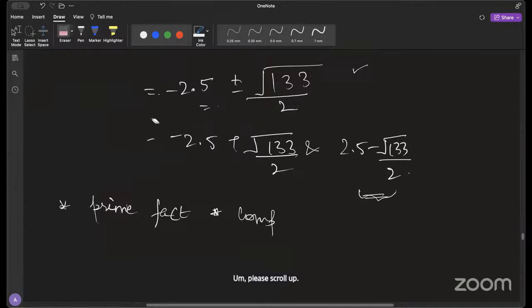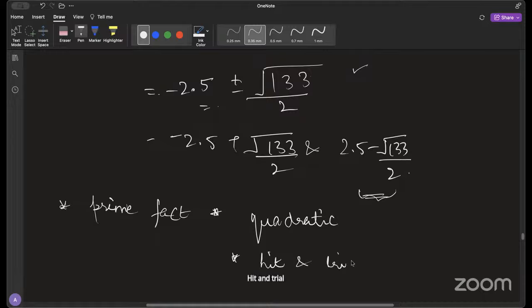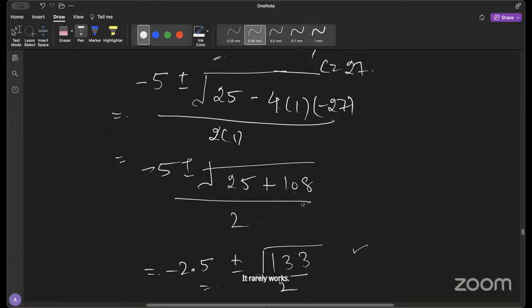Completing the squares is the same as this quadratic formula only. And then the other one is hit and trial, which rarely works.